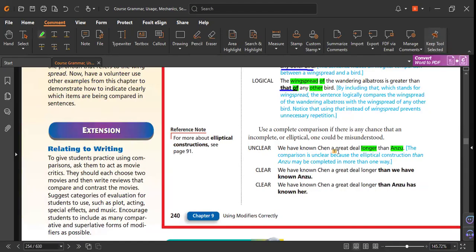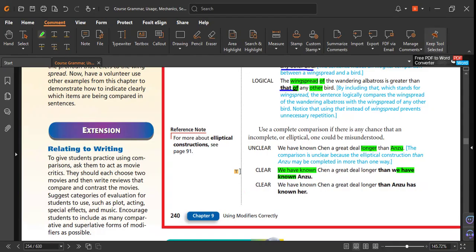So we have known Chen a great deal longer than Anzo: does Anzo know Chen, or do we know Anzo, or what? So it is unclear. So we must find the answer like this: "We have known Chen a great deal longer than we have known Anzo." We know Chen, and we know Anzo, but we know Chen longer than.